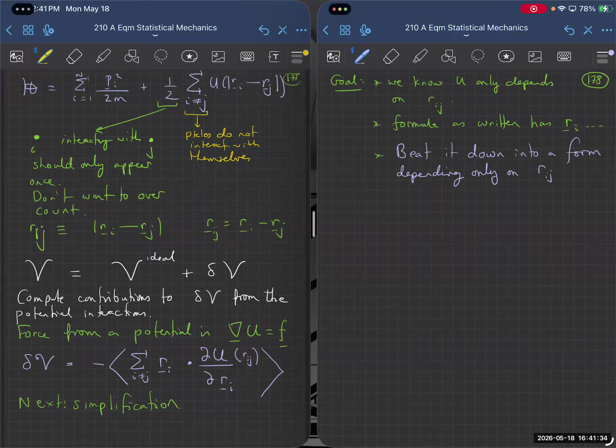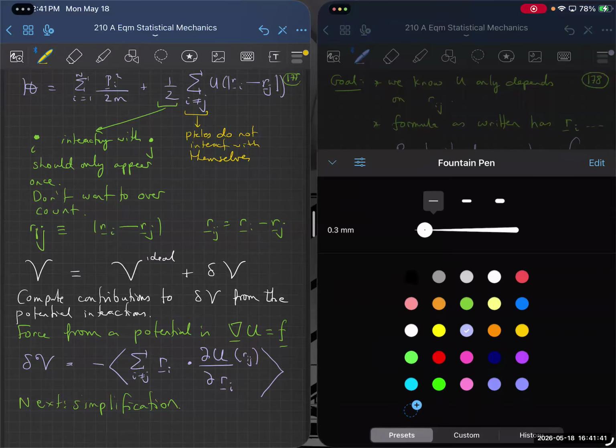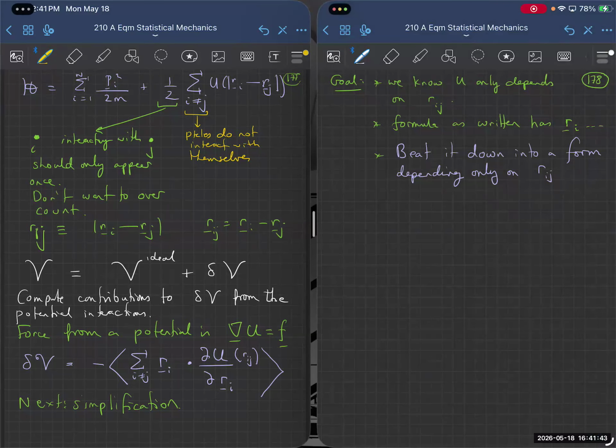And that Rij is the scalar Rij. Okay, so this is how I'm going to do it. There's probably many ways to do it, but this is the way that I decided to do it. So I'm going to take this object, du by dRi, which is basically the grad of u.